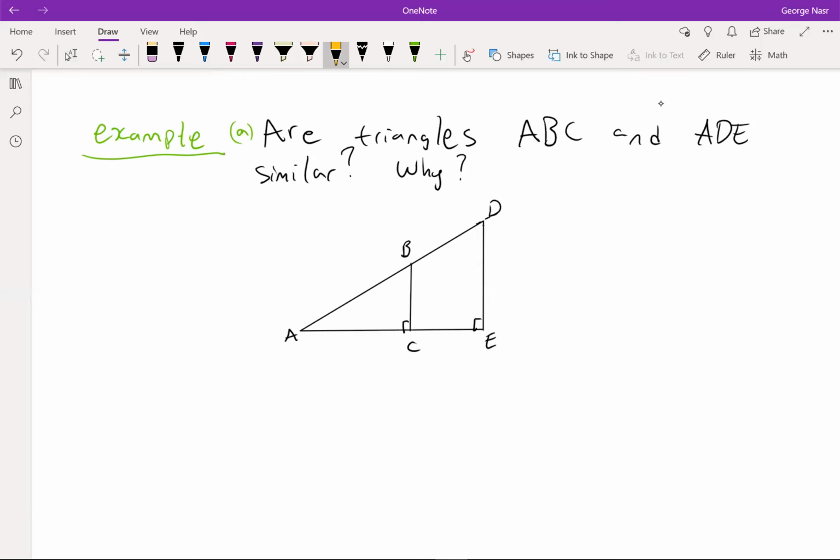So notice, I'm trying to avoid using yellow. Notice angles ACB equals AED, since both are 90 degrees, right? We can see ACE, which is this guy, has a 90-degree marker, and same with ADE, or sorry, AED.